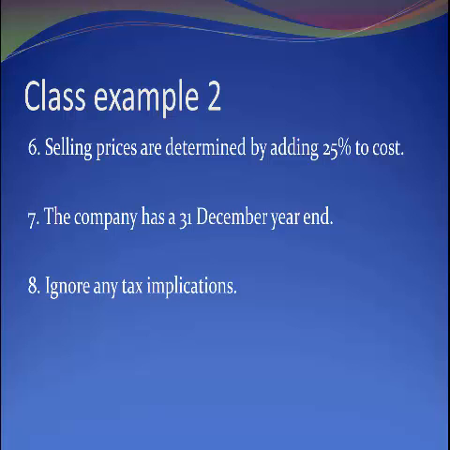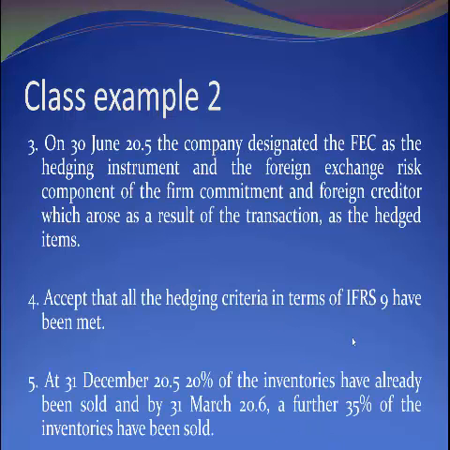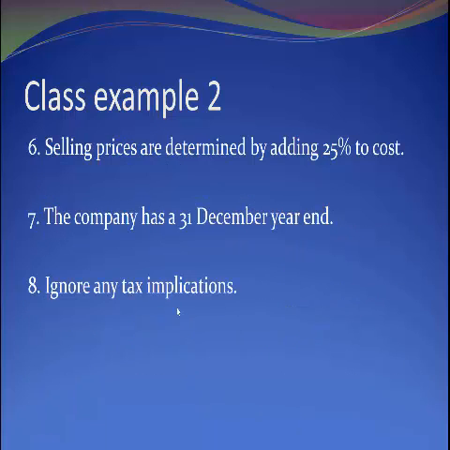And on the previous one you also saw that we have inventories that have been sold at a certain date and a further date. Please remember, I'm not going to go into that detail. Please remember to do those journals if that is asked in a question, so read your question carefully. And then in number 6, you just have that additional little note there: selling prices are determined by adding 25% of cost. You can go and look at that yourself in this question.